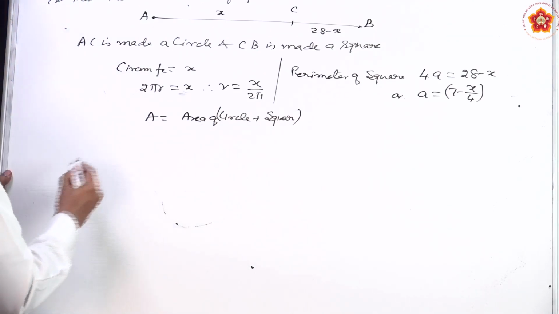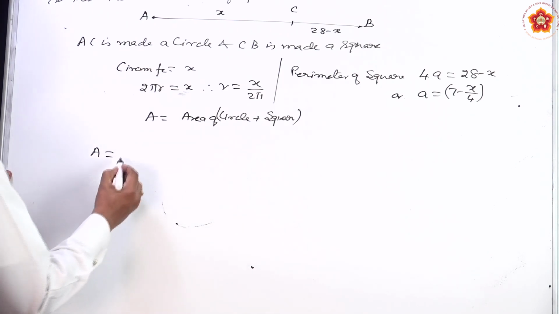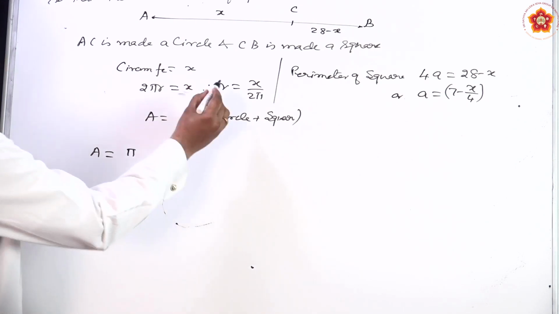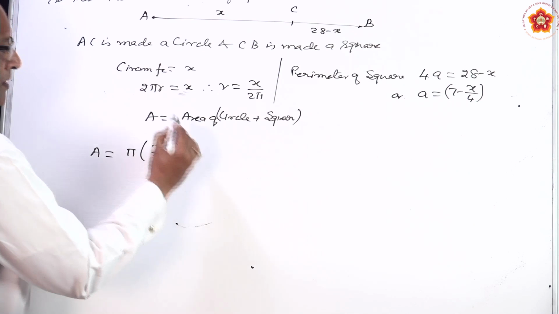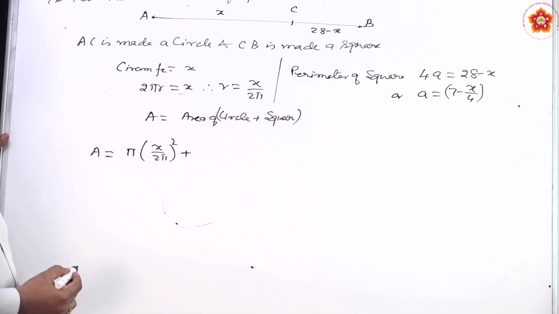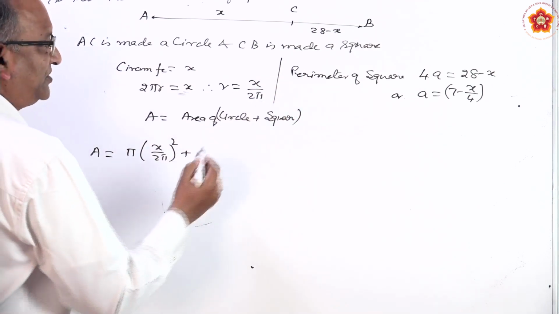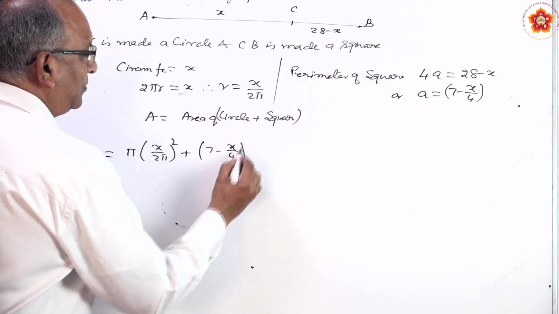So substitute the values. What is the formula for the area of a circle? It is pi r square, and r is x by 2 pi. Plus, what is the formula for the area of a square? a square, and how much is a? It is 7 minus x by 4, whole square.